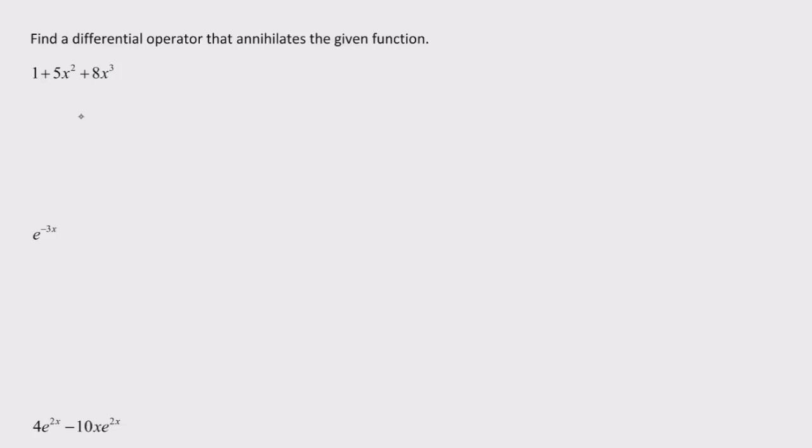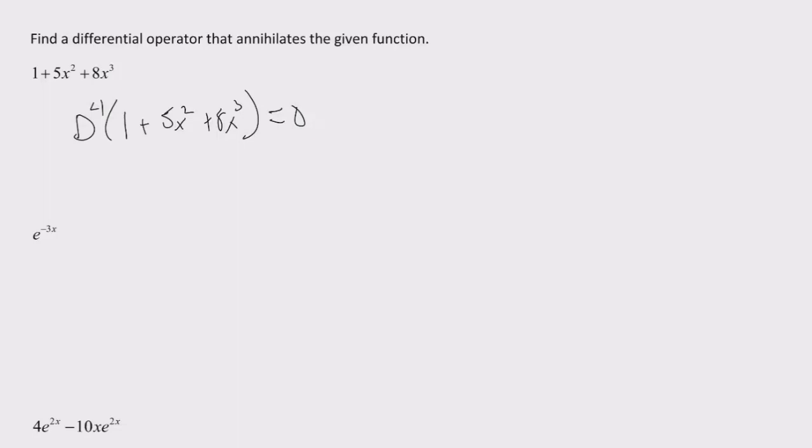Since I'm looking at a third degree polynomial, a differential operator of fourth degree should cancel out that polynomial expression. So the fourth derivative of that polynomial would equal 0.